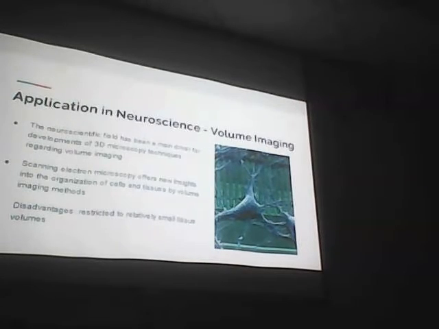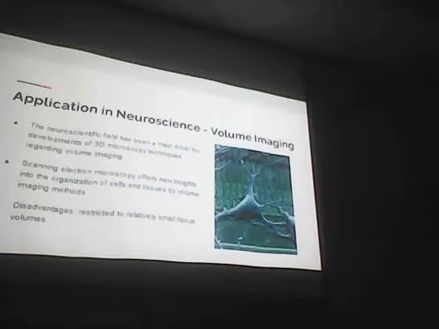So for the one image, the neuroscientific field has been a main driver for the development of 3D microscope techniques regarding volume imaging. And scanning electron microscope offers new insight into the organization of cells and tissues by the volume imaging method.